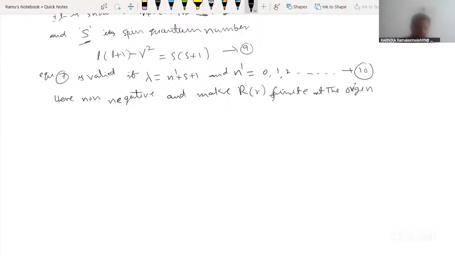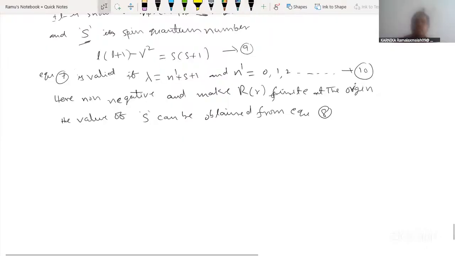So the value of S can be obtained from equation 9.